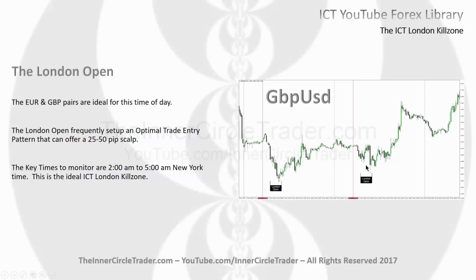Now, I want you to take a look at the relationship between one London Open low and the immediate day after London Open low. Okay, we have a range that's framed by the low here and this highest high in between the 2 London lows. This is your trading range right here.